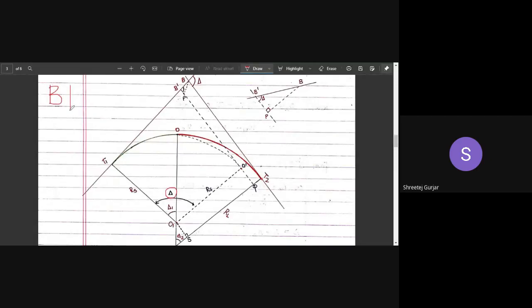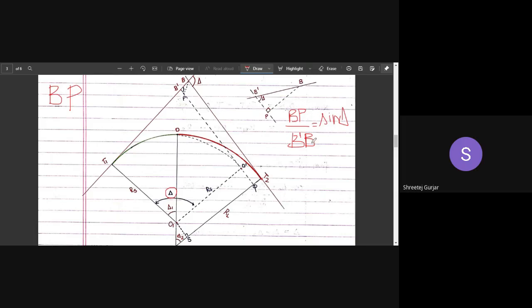So the first thing we have to calculate is BP. Okay, BP you have to calculate. Where is BP? It is here. BP line is here, right? It is this particular line. So this you have to calculate. Now, looking into this particular triangle, what is BP? Using sine delta. BP you can calculate by using sine delta. What is sine delta? Sine delta is opposite of this particular angle divided by hypotenuse, right? Opposite is BP and hypotenuse is B dash B. So sine delta is opposite by hypotenuse.